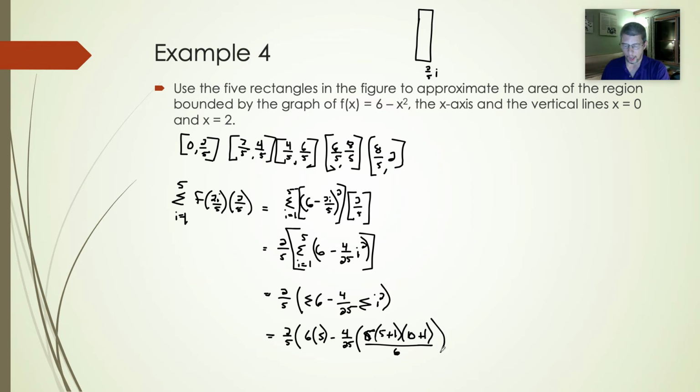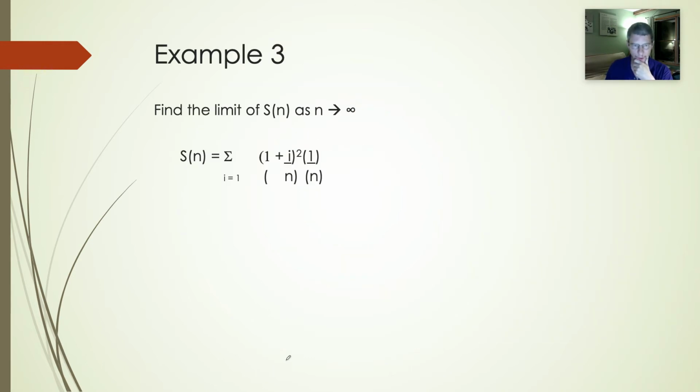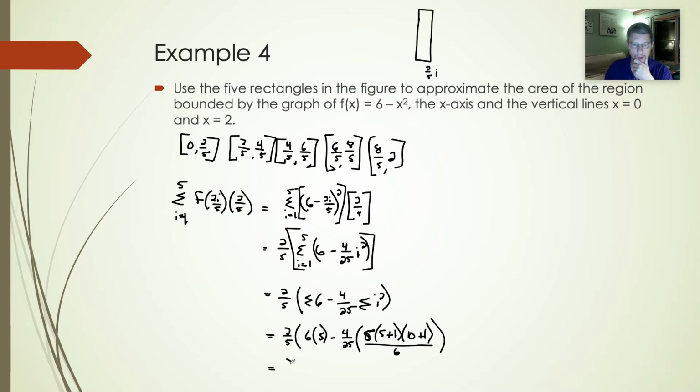Okay? Now we do some arithmetic here. This is going to be 2/5 times 30 minus. Now, 5 plus 1 is 6. 10 plus 1 is 11. 6 times 11 is 66.